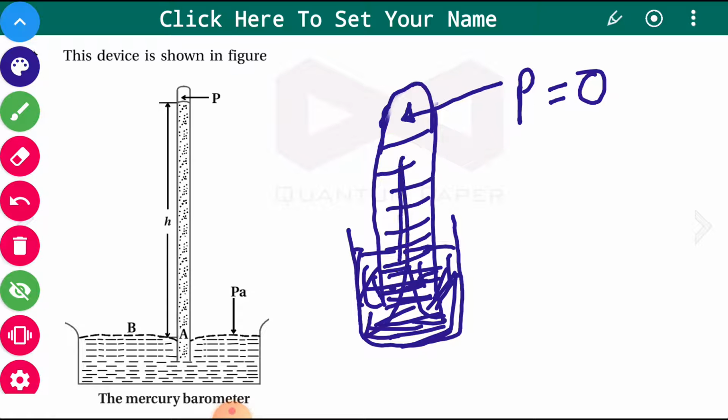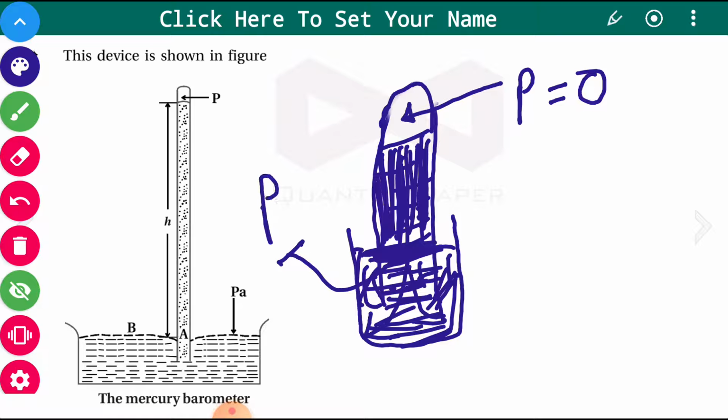Here, this mercury column is producing pressure at this particular point. Say this pressure is P. Now the pressure at this other point, because this surface is open to the atmosphere, will be equal to the pressure of the atmosphere.